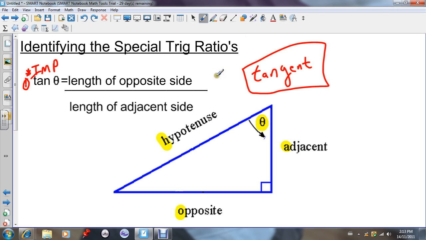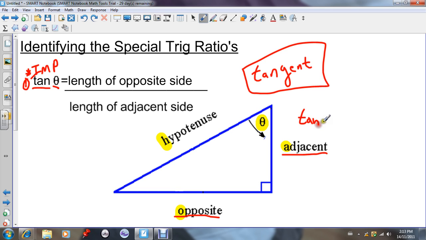And this particular relationship tells us that the tan or tangent theta of our angle given right here equals the length of the opposite side, the length of this side, divided by the length of the adjacent side. Now, does this hold true for every single right triangle? You betcha. So really we could write this as this.